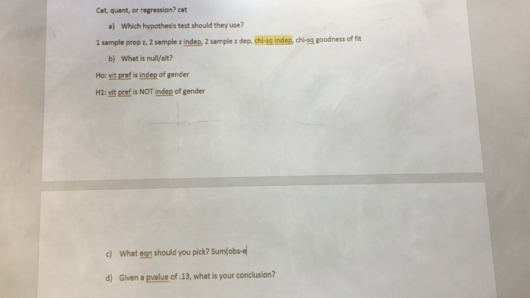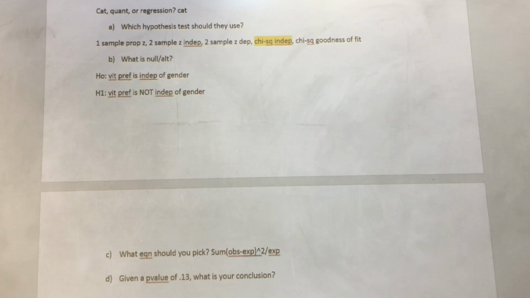Okay, plus you're going to have to figure out the expected count, right? Which is another formula. But this is all I'm asking about right here, okay? So you plug that in, you do all your work, you have real data there. You get a p-value of 0.13. What is your conclusion?